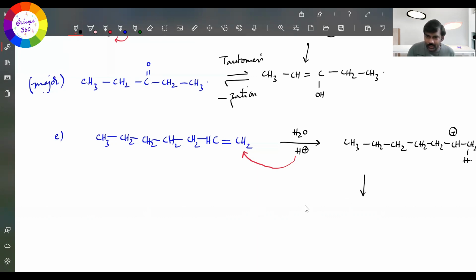So from this I'll be getting the final product: CH3, CH2, CH2, again CH2, CH2, and here a secondary alcohol will be the final product. So this is the final product you'll be getting.